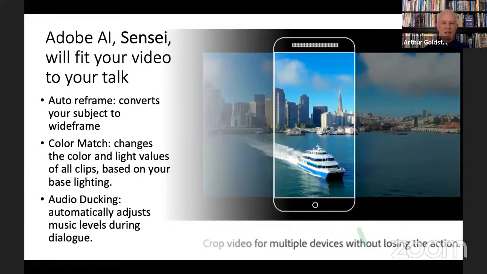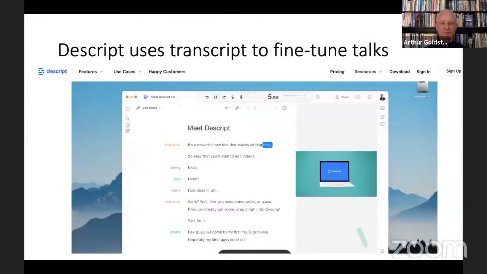Still in the presentation mode, Adobe has an artificial intelligence tool called Sensei, which will take your videos and convert them to match the subject. It'll convert the color values of your clips based on the lighting in your environment, and it will adjust music levels for soundtracks that you might want to use to match the dialogue or the kind of content that you're presenting in your talk.